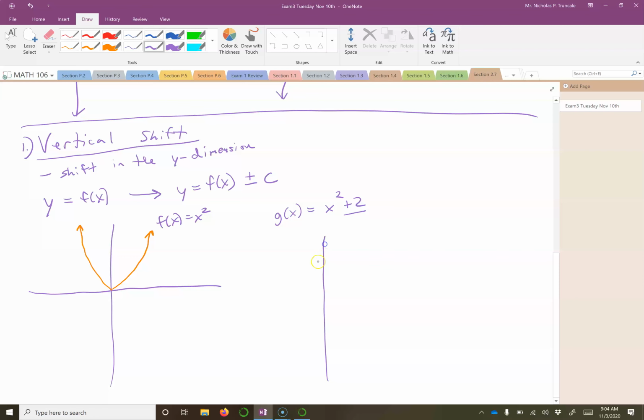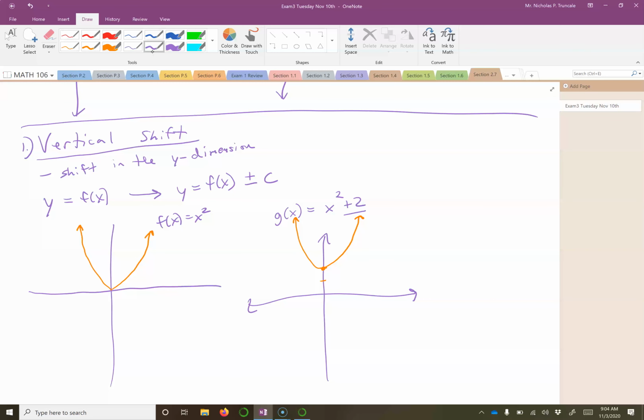So if I were to graph this, I would just mark right here. And really, that would make sense if you were to analyze it like we've been before. Like, what would happen if you wanted to find the y-intercept, right? You'd plug in x equals 0, and what would you get? You'd get 2, right? So that's the y-intercept, and it happens to be the vertex of the parabola. So nothing changes with the parabola aside from we shifted it vertically. So you would just draw it the same way as before. So that's g of x.